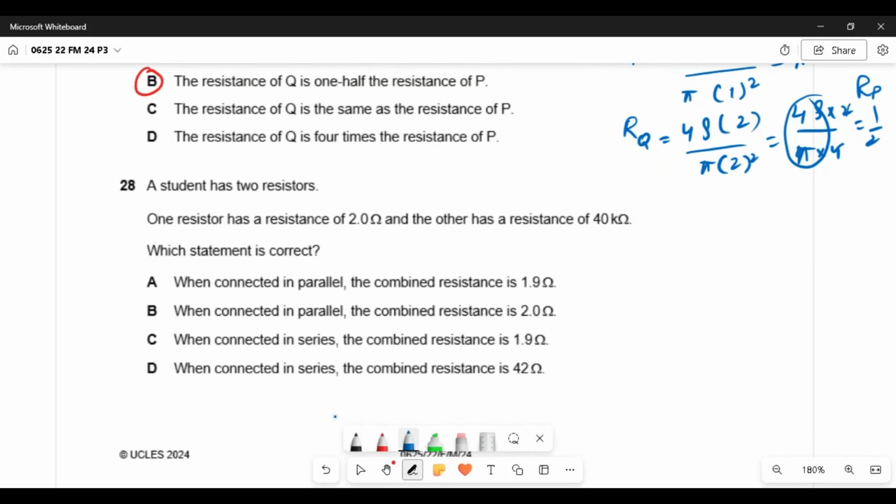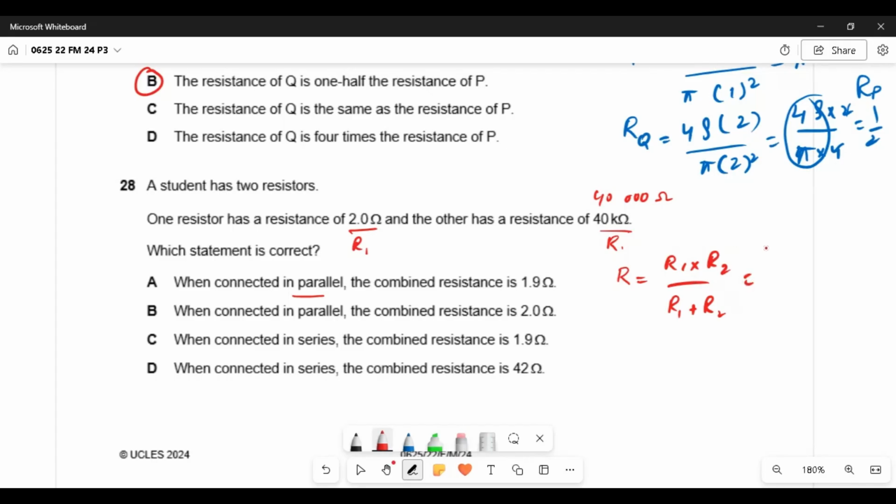Number 28, a student has two resistors. One resistor has resistance 2 ohm and the other resistor 40 kilo ohm, meaning 40,000 ohm. Which statement is correct when connected in parallel? When you connect in parallel, we know that the equivalent resistance will be R1 times R2 over R1 plus R2.